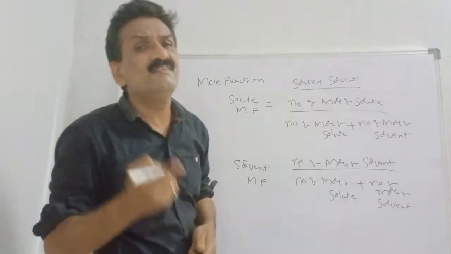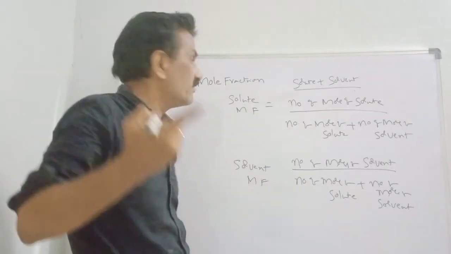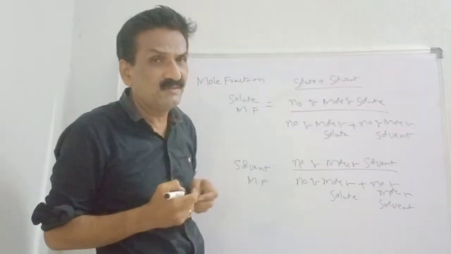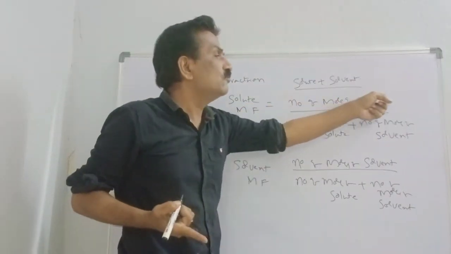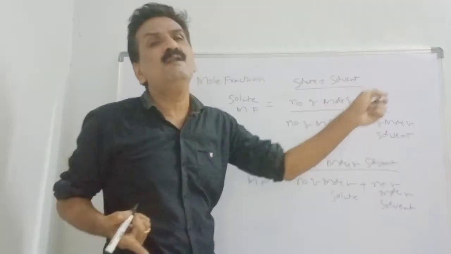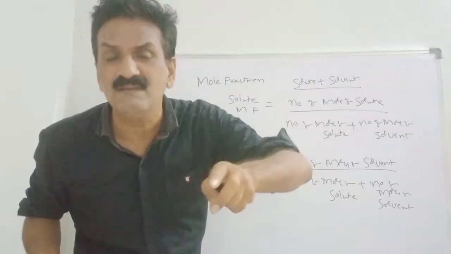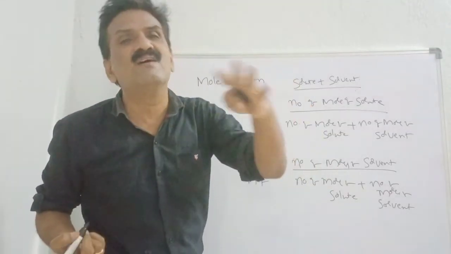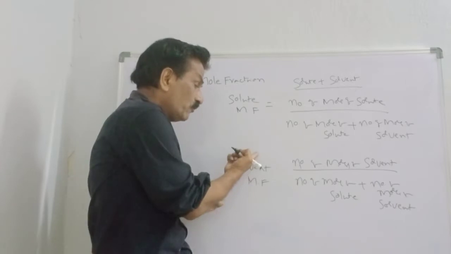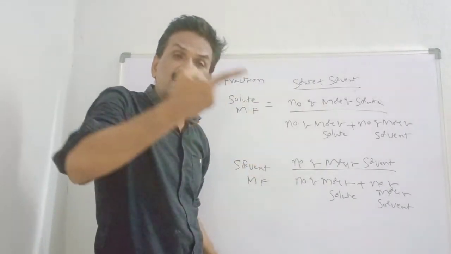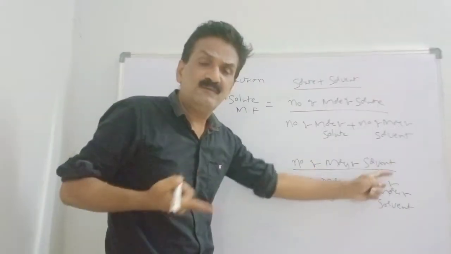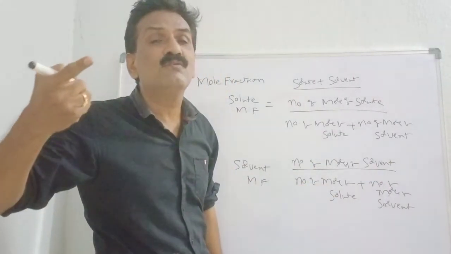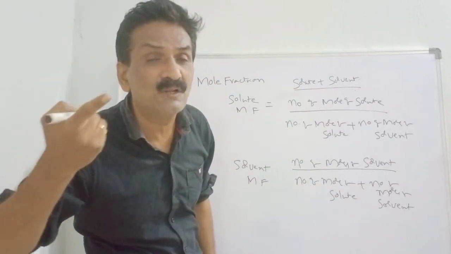So mole fraction is the ratio between number of moles of solute to total moles of the solution, that is solute moles plus solvent moles. For the solvent, it is the ratio between number of moles of solvent to total moles of the components.